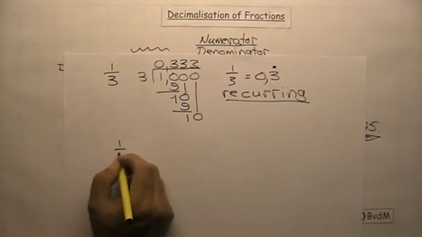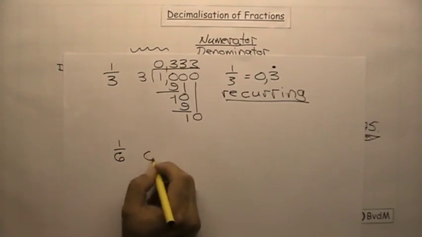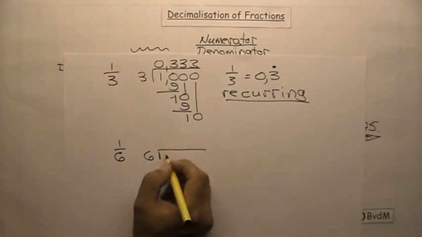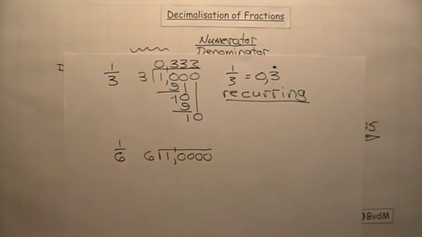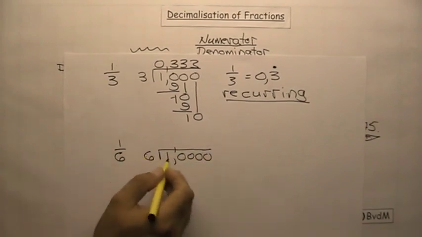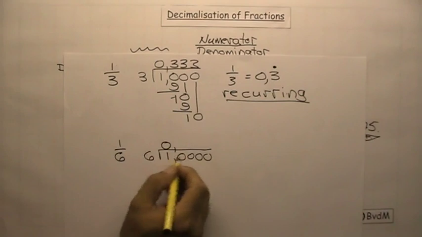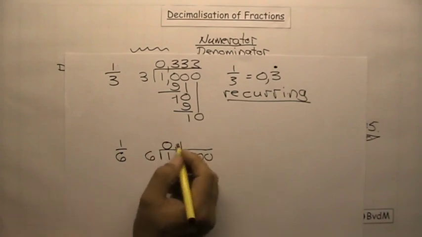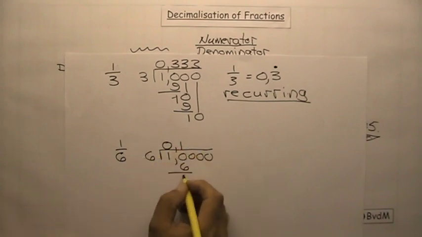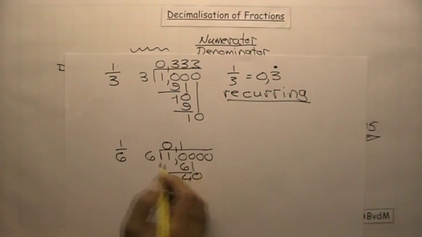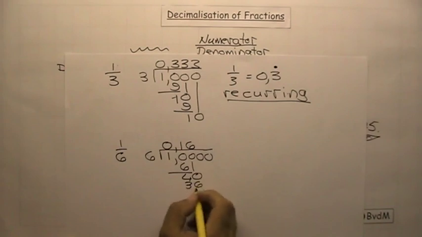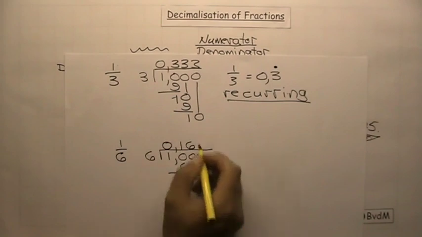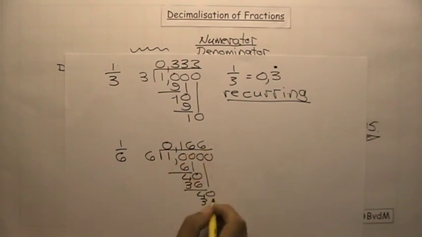Let's look at a sixth. 6 goes into 1, comma, put noughts, forget about the comma. 6 can't go into 1. 6 can go into 10 once. 1 times 6 is 6. 10 minus 6 is 4, bring that nought down. 6 goes into 40 6 times. 6 times 6 is 36. 4, bring the nought down. 6 goes into 40 6 times. 6 times 6 is 36.